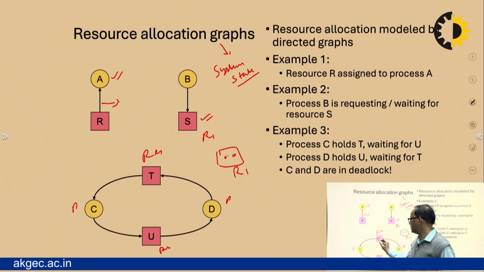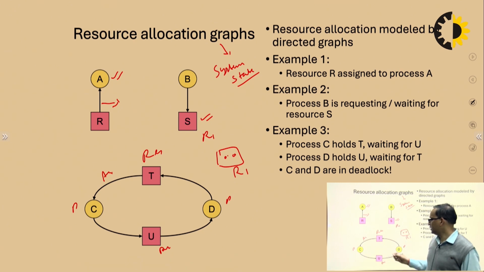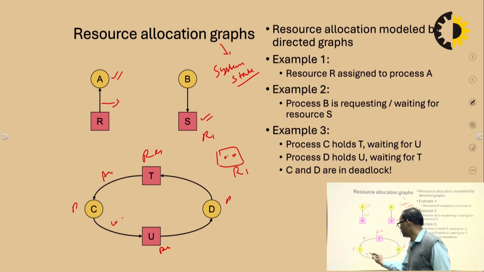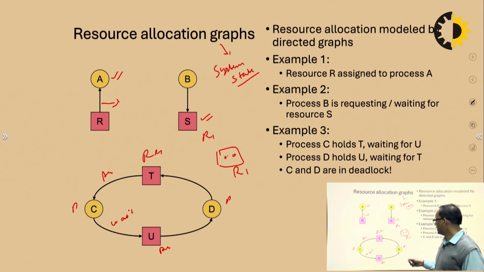This is known as the assignment edge or allocation edge. It means resource type T is assigned to process C, and this edge is known as the requesting edge or waiting edge. It means process C is requesting resource type U. In the same way, resource type U is allocated to process D, and process D is waiting for resource type T.